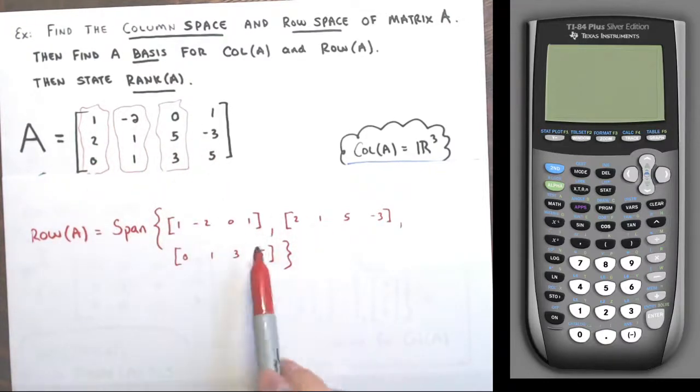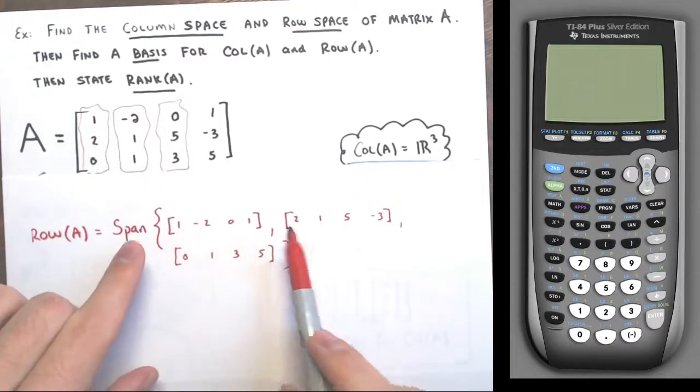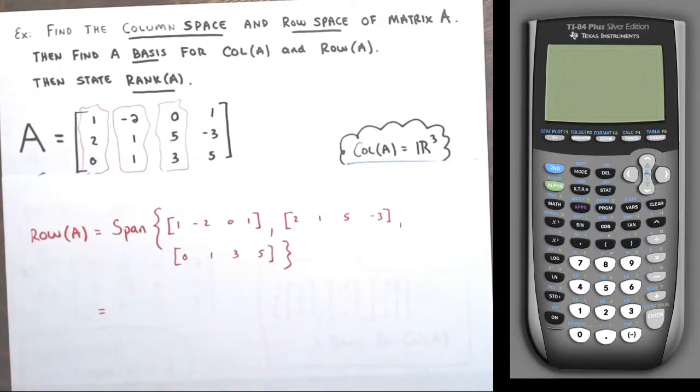Any linear combination of these. Now, if you'd like, just to save on some space, because you notice when I write row vectors, it takes up a lot of space horizontally, you can write row vectors as column vectors, as long as they have the same components written in the same order. They represent the same vectors.